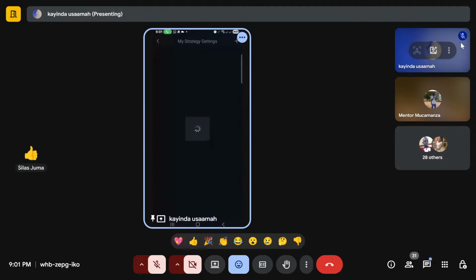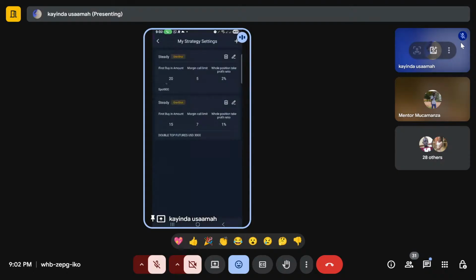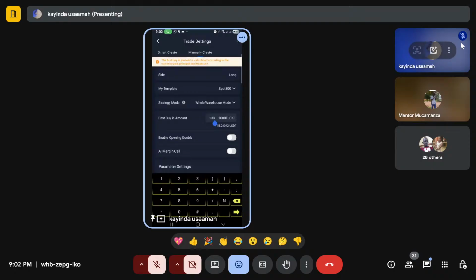Usually by default, there is a word, choose a strategy setting. Now, your setting is reading first buying amount 20. Now, for me, mine is 15. For example, you're going to use 20. The first buying amount is $20. Come and tap it. Now you are going to edit this money, $20.